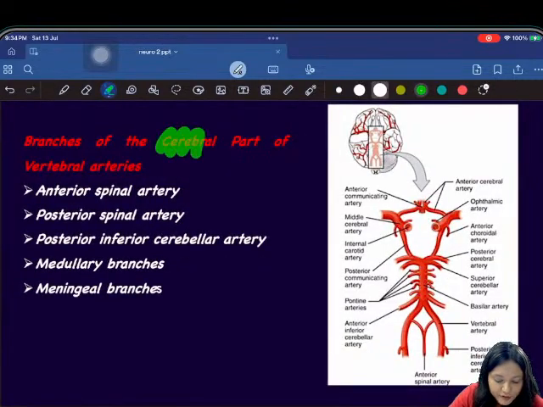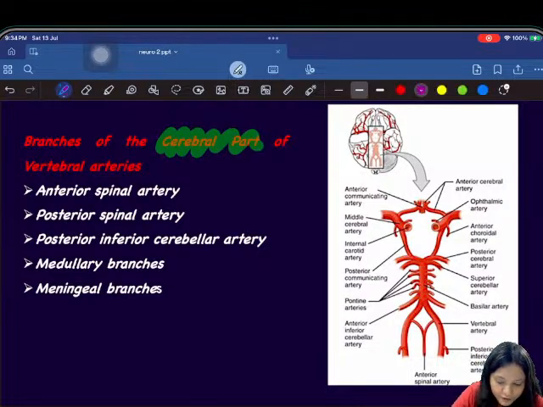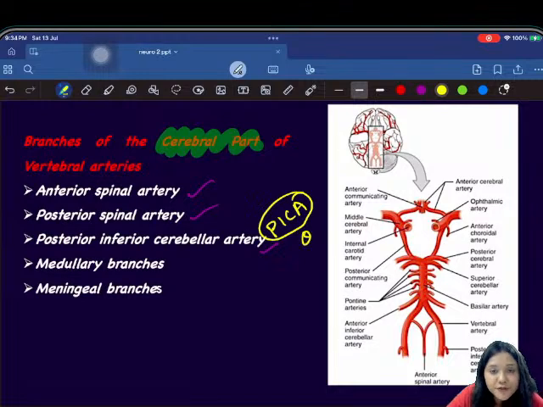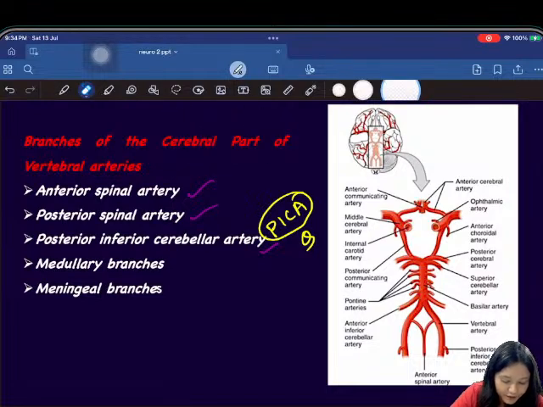So what are the branches from the cerebral part? You have the anterior spinal artery, the posterior spinal artery, and the posterior inferior cerebellar artery, very, very important, PICA. The posterior inferior cerebellar artery is a branch of your vertebral artery.